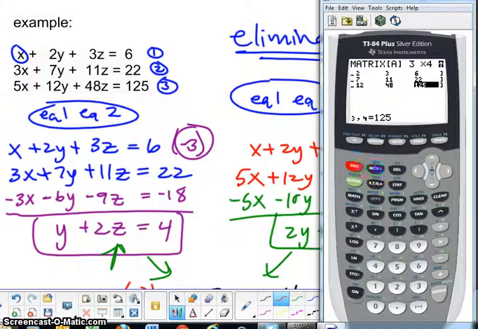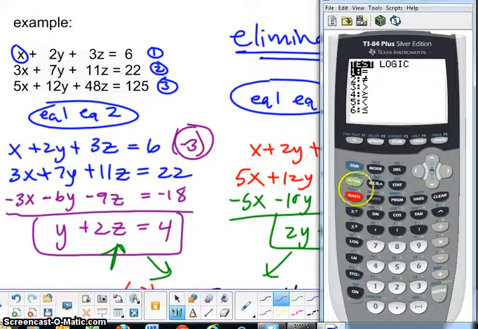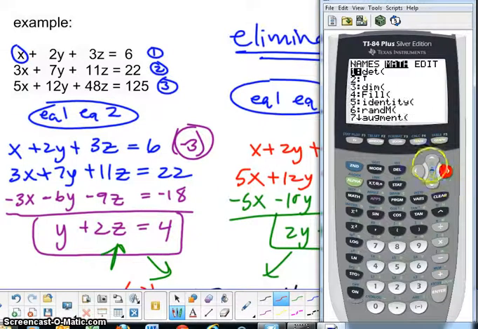So second quit is above mode, and then we'll go back into matrix. Okay, now I'm back into matrix, and I'm going to go to math, and I'm going to choose to go up instead because I get there a little faster.